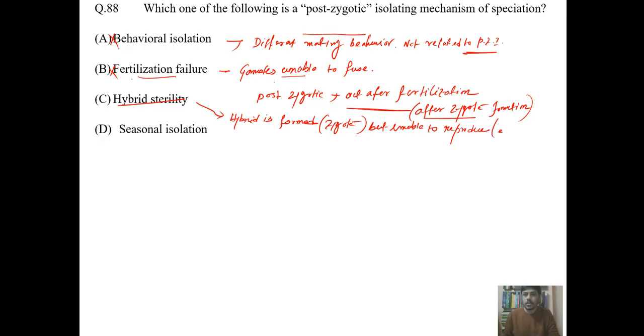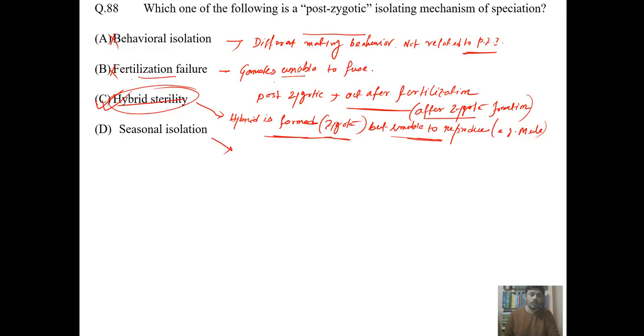It is found in the case of the mule. So it is a classical case of post-zygotic isolation mechanism of speciation. Here, the zygote is formed but unable to reproduce. This is exactly what is asked in the question. So this is the correct answer. Now let's see the others.